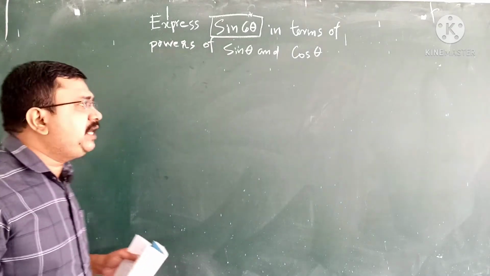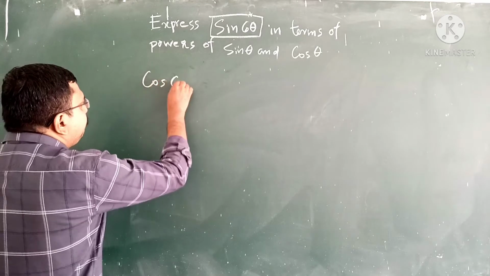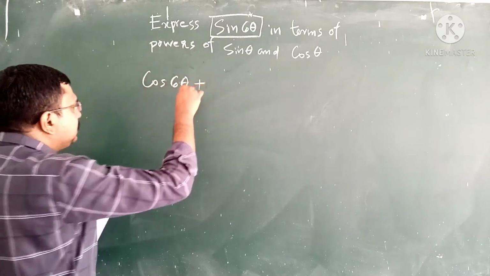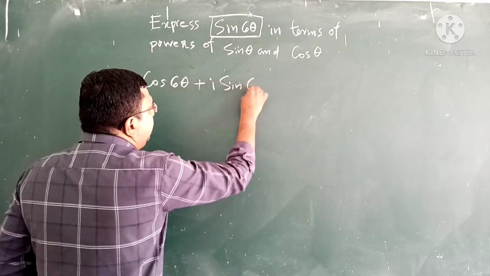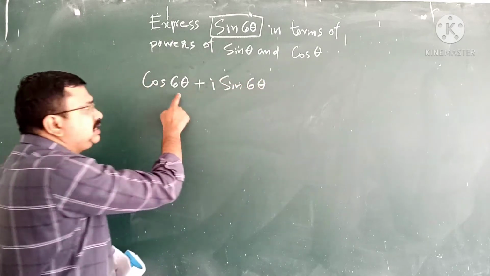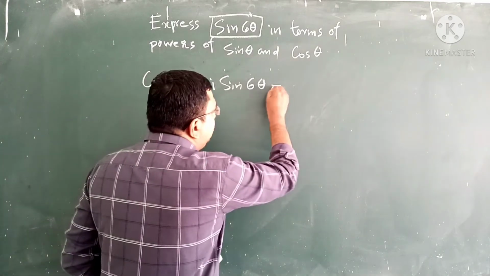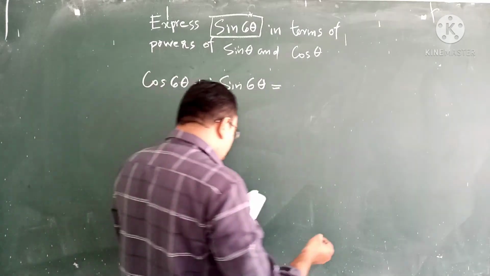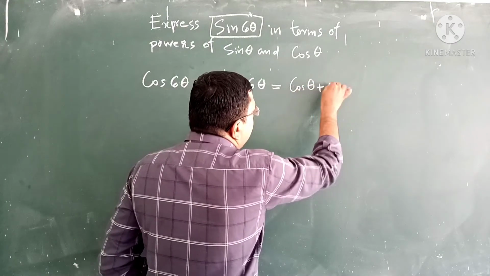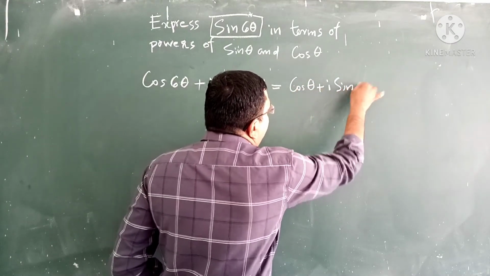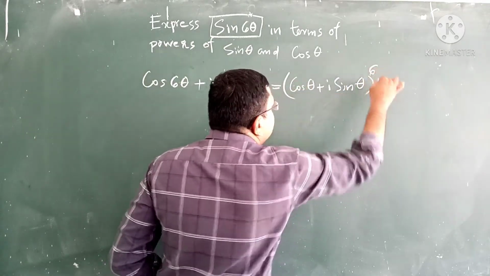First we know that cos 6 theta plus i sin 6 theta is equal to (cos theta plus i sin theta) the whole raised to 6.